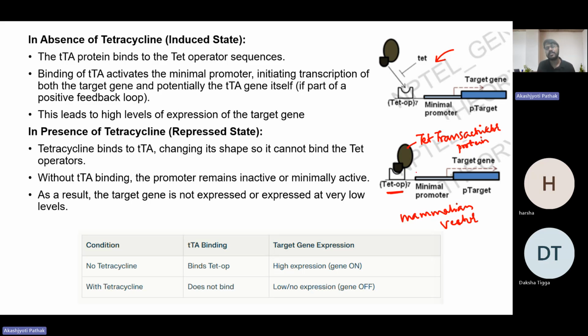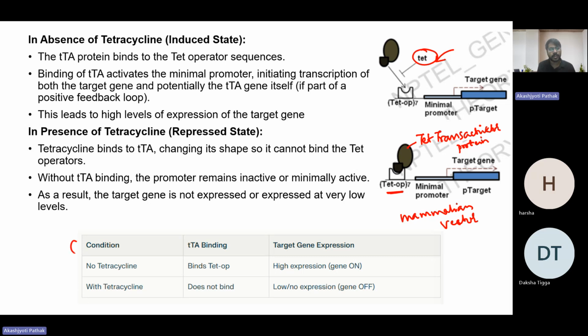So in presence of tetracycline, your gene will not get transcribed. And in absence of the tetracycline, your gene will get transcribed.